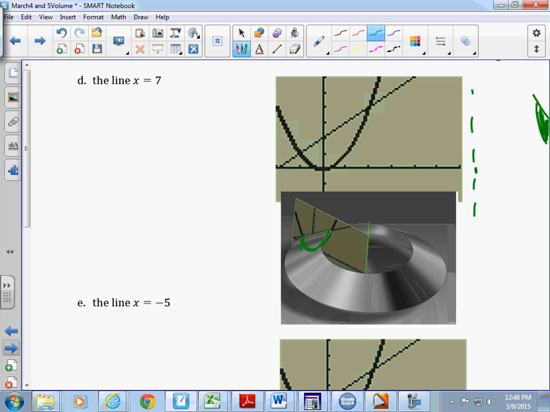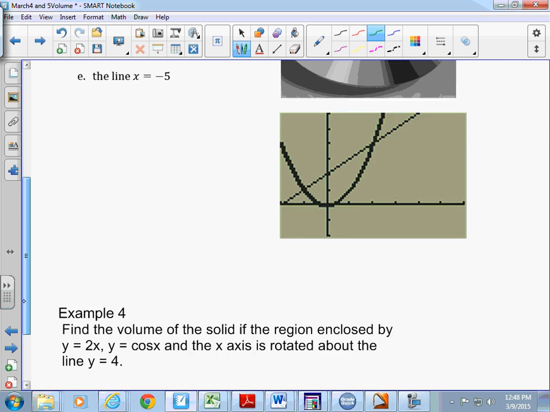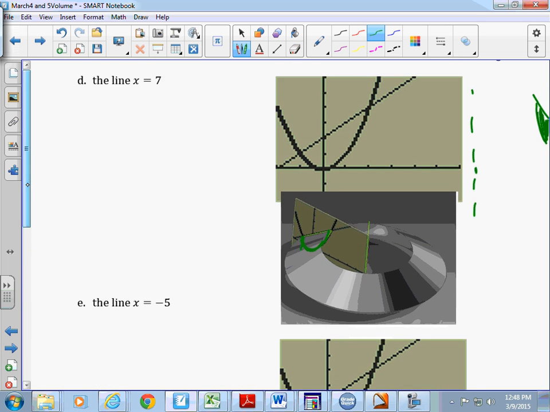Now, oops. I'm going around the line x equals 7. So I'm spinning this way. Okay? Now, definitely a washer. Does everyone agree? Big gap. We've got a washer. And what are we integrating with respect to?